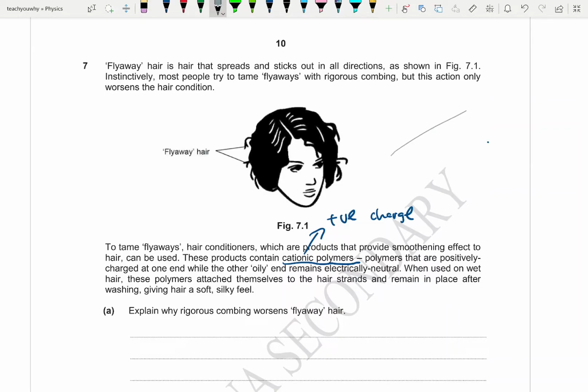Let's say I have a rod, and some cloth, cotton wool or whatever. This is how they create static: they rub the rod with the cloth.